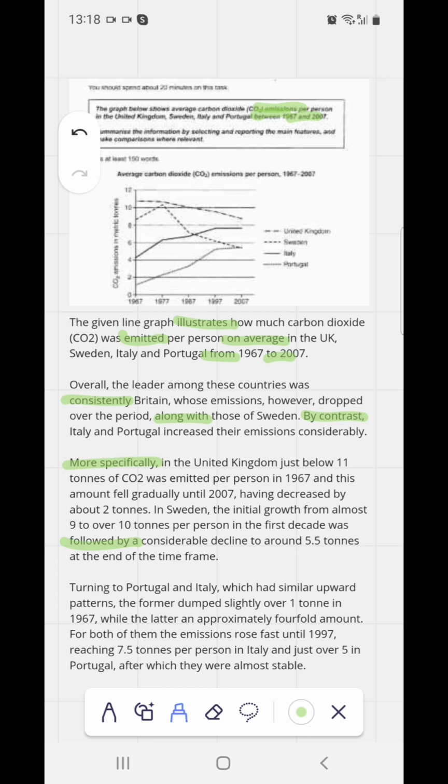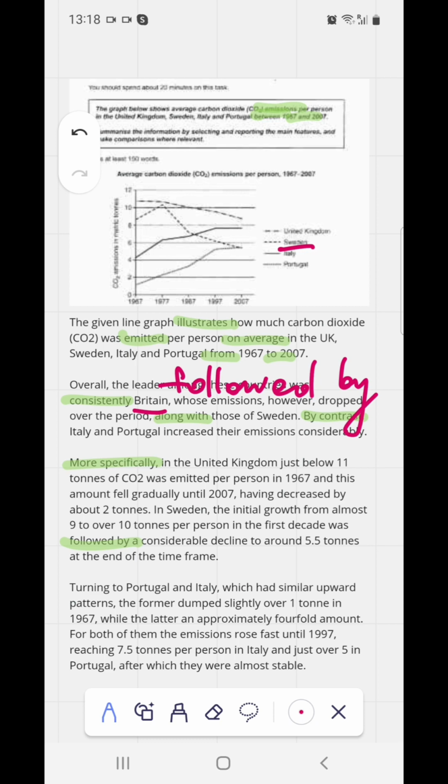So it can be like here when you divide your period into intervals and say that some initial growth was present and then it was followed by a considerable decline or something like that. Or you can write it somewhere here like followed by, and write the second largest category.